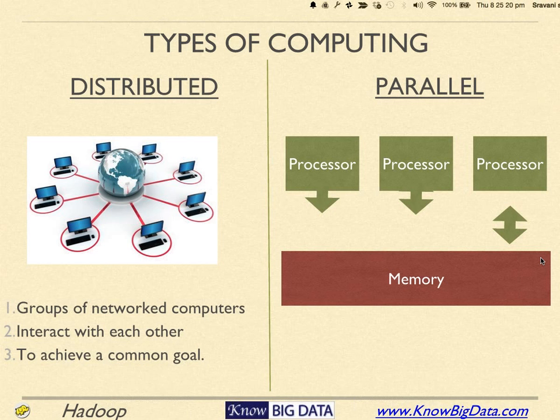Now we have Sivam's question. Sivam says, can you name some of the usual tools? Thank you for that question, Sivam. A usual tool could be file storage. Our usual file system is a tool which lets you store files onto various storage devices.